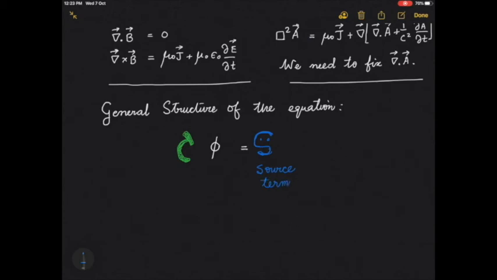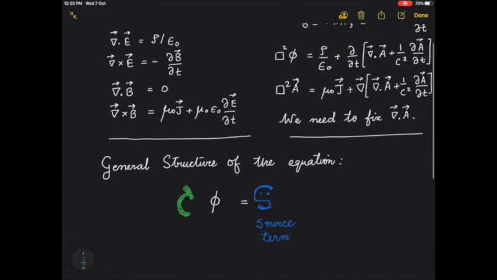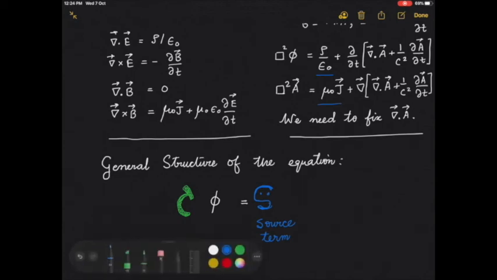I call it a source term because on the right hand side of these equations, I have these terms. I also have this del t and the gradient term, but we'll see that they can be fixed if I choose the proper gauge. That is, if I choose divergence of A, then something happens to those terms. But on the right hand side, I will always have these source terms.